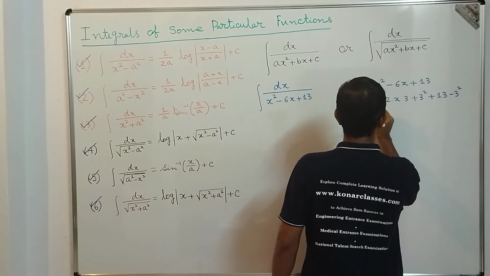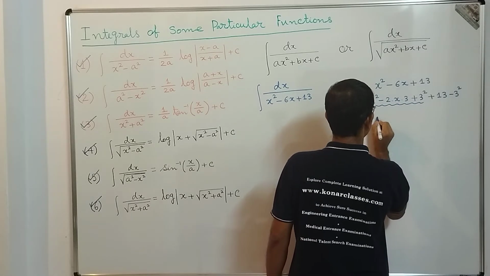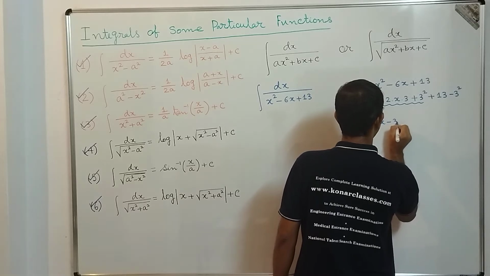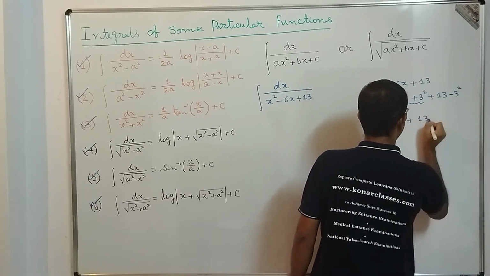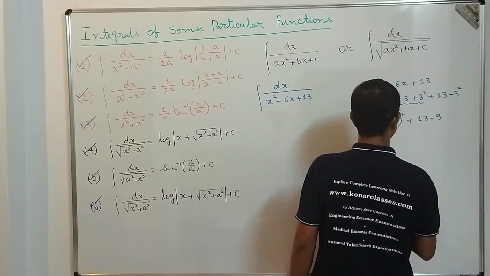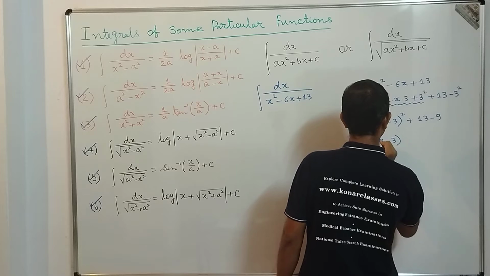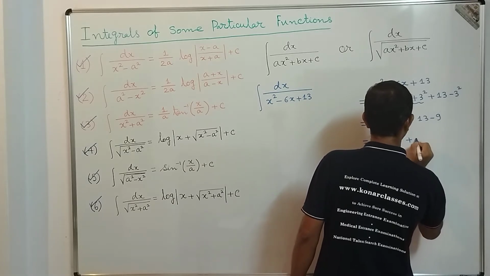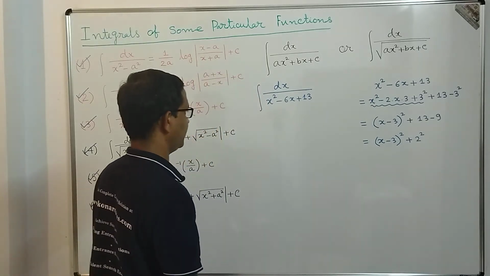But what we achieve here, dear students, is that the first 3 terms give x minus 3 complete whole square plus 13 minus 9. So that is equal to x minus 3 whole square plus 2 square, since 13 minus 9 is 4, which is 2 square.